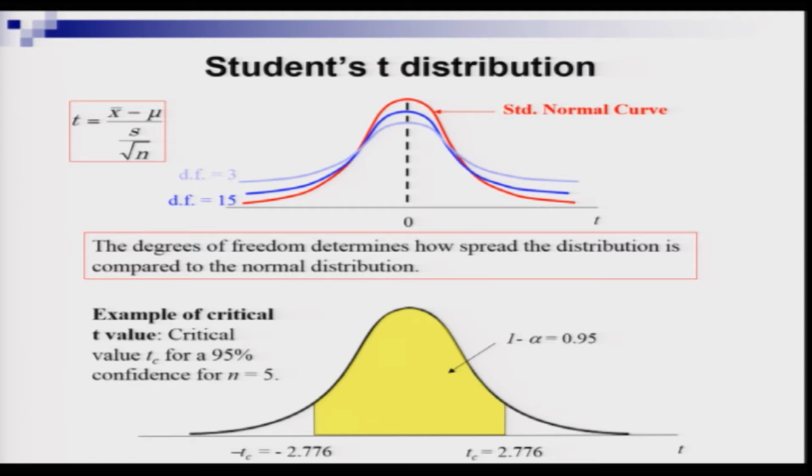So, what does it mean? It means that as the degrees of freedom increases, which implies the sample size increases, the probability that the t random variable will take a value higher than the value t star can be approximated by the standard normal curve, because the difference between the probability approximated from the standard normal table and the actual probability from the t table becomes smaller and smaller as the degrees of freedom increases.